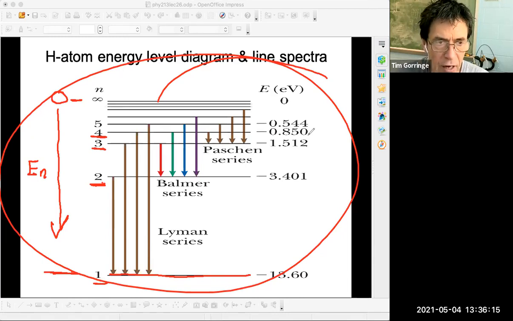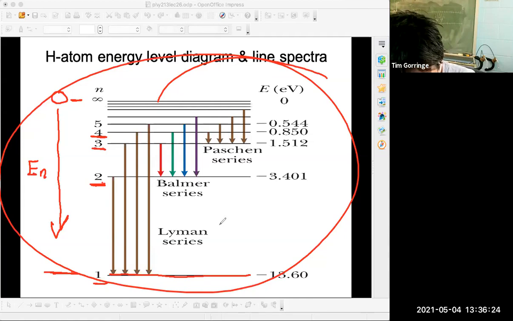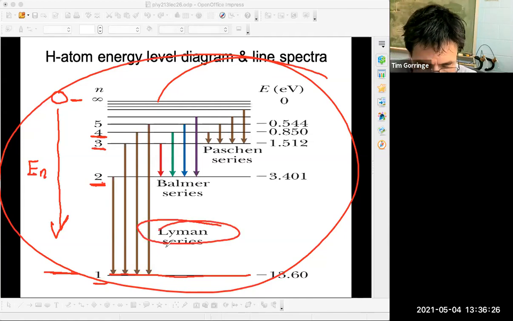But the other feature of this diagram is that you can picture the light that's either emitted or absorbed by hydrogen atoms. So the Lyman series, remember that series of lines? That's these vertical lines here. The light on this diagram is vertical lines.